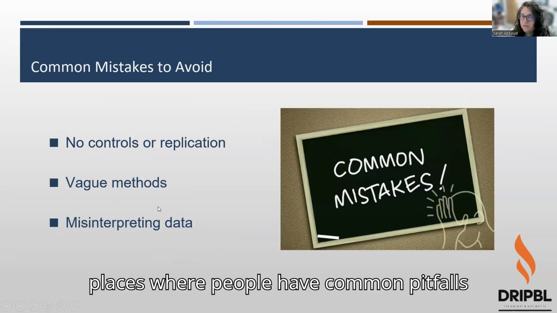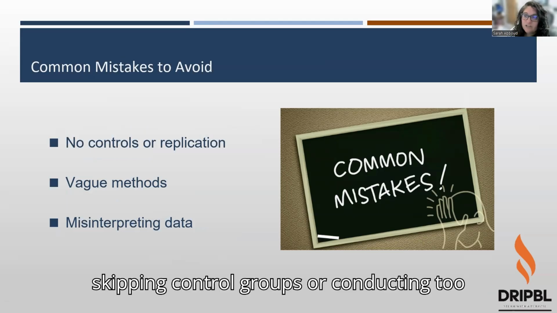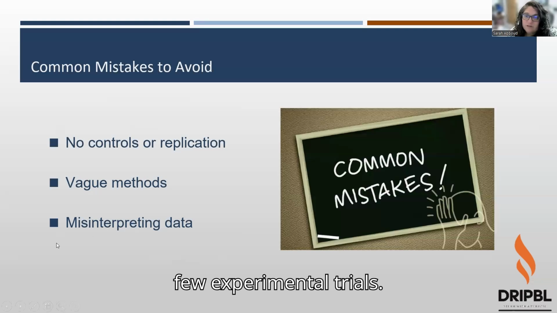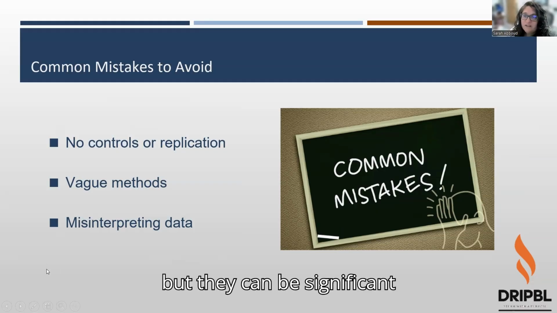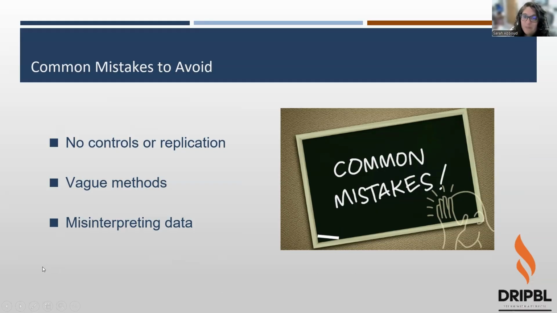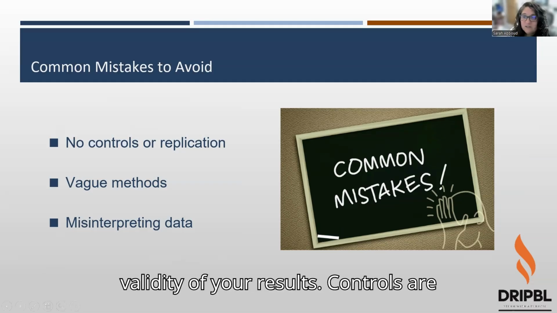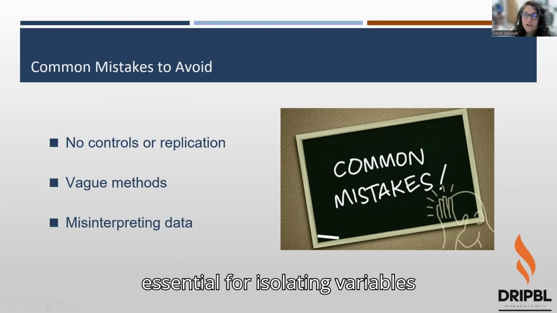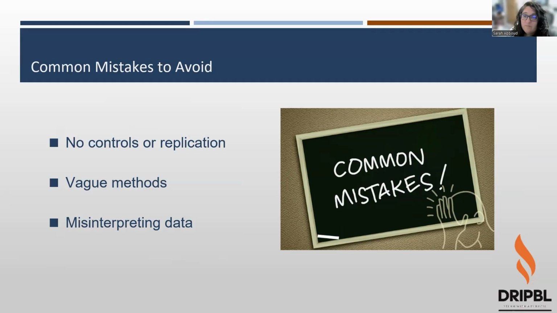Some places where people have common pitfalls in scientific research are skipping control groups or conducting too few experimental trials. These may seem like small shortcomings, but they can be significant and undermine the reliability and validity of your results. Controls are essential for isolating variables and ensuring that your findings are truly due to the factors you're testing.